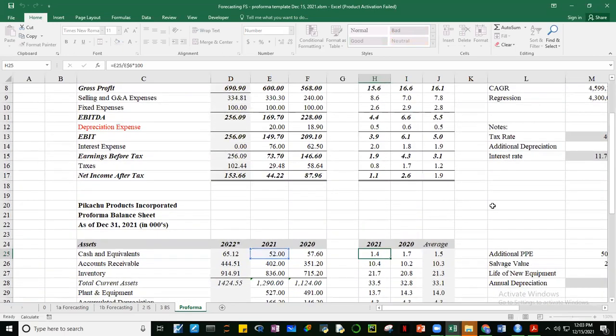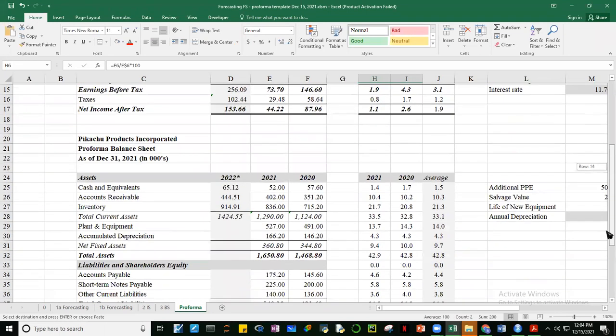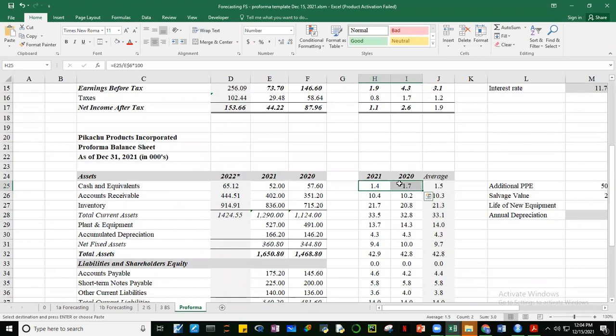Okay, sige, let me repeat this, no? Ito kasi gusto natin i-relate si cash sa yung percentage ng cash and cash equivalents, no? Sa sales. So what I did was to copy, ito kasi, this is the sales of 2021 divided by the sales of 2021 times 100. So ang ginawa ko dyan, kinopy ko itong dalawang to, Control-C, tapos pinaste ko dito.